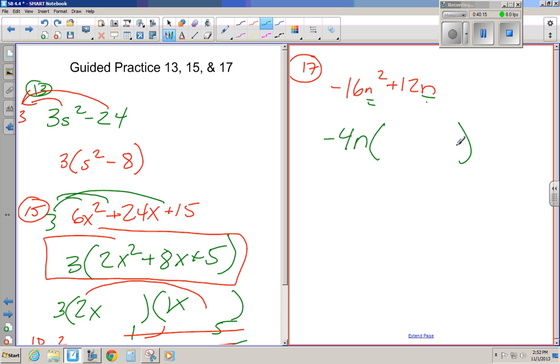What are we left with? Negative 16 divided by negative 4 gives me 4n, and 12n divided by negative 4n gives minus 3. Once you get there, you're done.